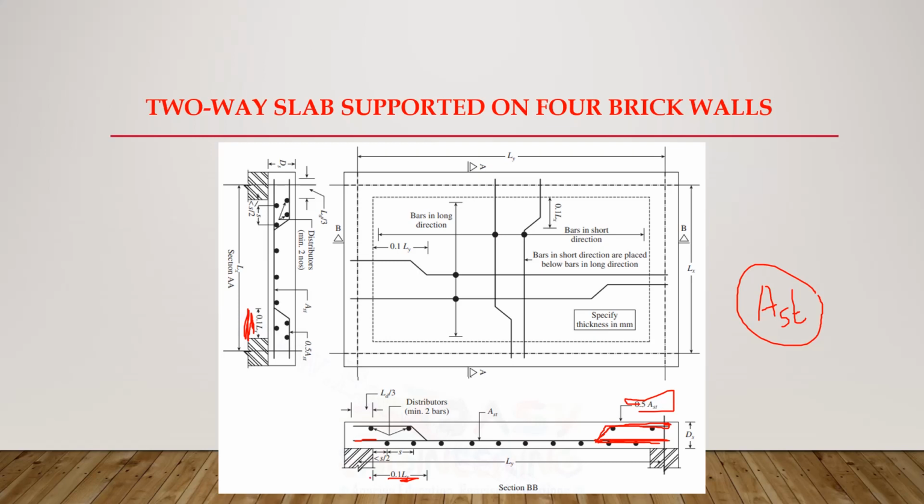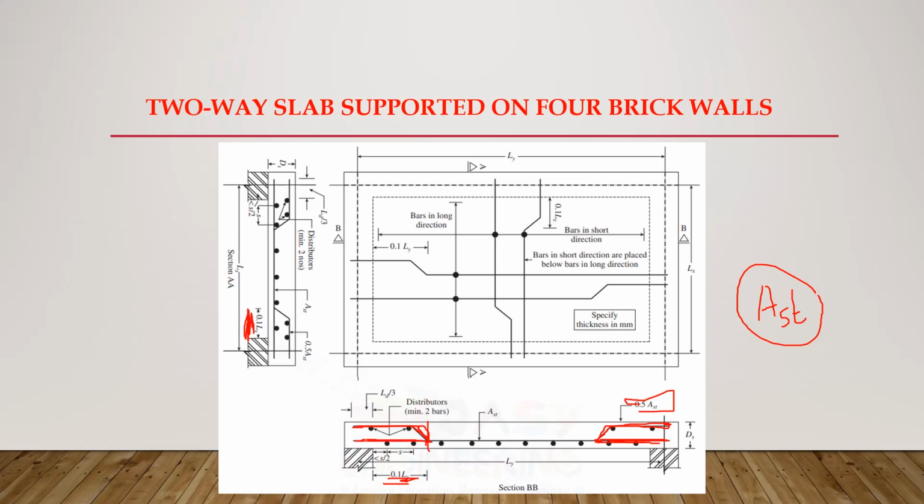In the longer side 0.1 Ly, that is 10% of Ly, and in the shorter side 0.1 Lx, that is 10% of Lx. So this top bar, if you can see here, is bent from here and taken to the top of this slab. So this top bar is at least at a distance of 10% of Ly.